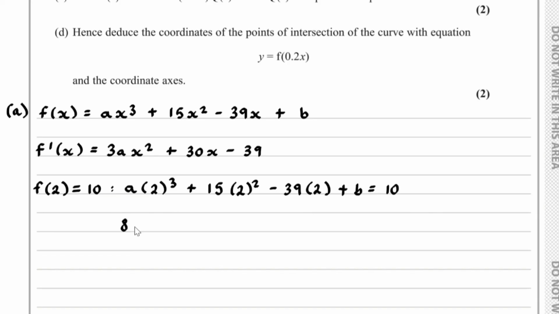We have 8a plus 60 minus, well, here we've got minus 78 plus b. This is all equal to 10. And so therefore, 8a plus b is equal to 28. We'll call this equation 1.